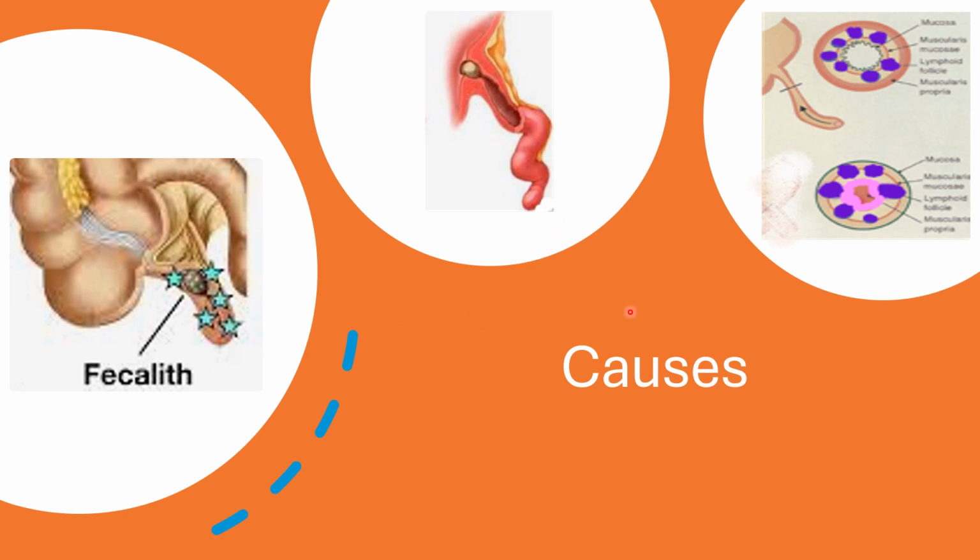Different reasons can cause appendicitis, but if we pay attention to all of them, we see that they act the same way. One of the most common causes is closing the way of the appendix, so the normal flora as well as bacteria cannot pass and get out of the appendix.